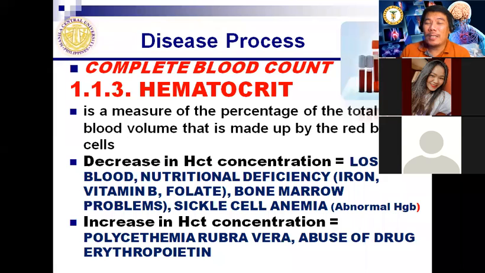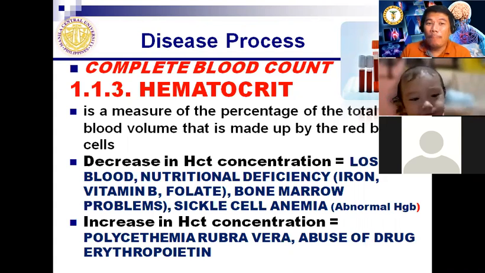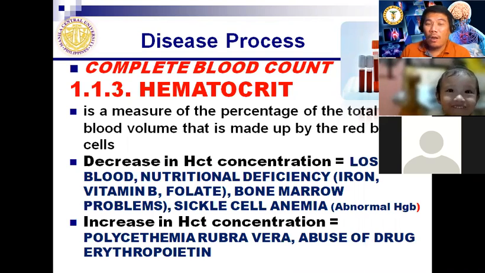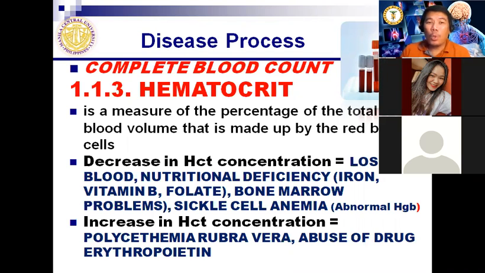If there is an increase in the hematocrit, there could be chances of increased viscosity of the blood, clotted blood, or possibly increased viscosity of the blood volume. So these are the possible findings if there is a decrease in the hematocrit concentration.